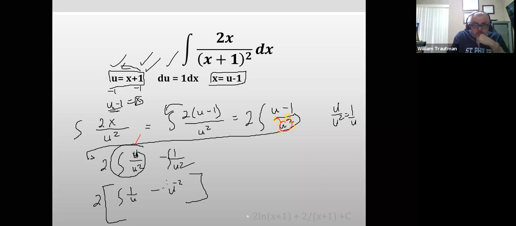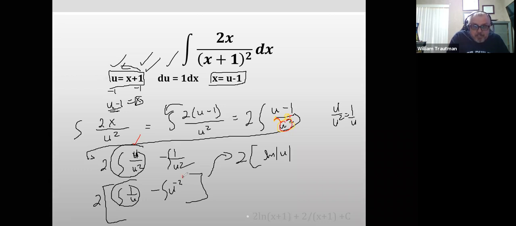By the way, we have 2 integrations here, right? And when you have an add or subtract there, I broke it into 2 integrations. So the first one is natural log of u. And the second one, we just use regular integration, the power rule.